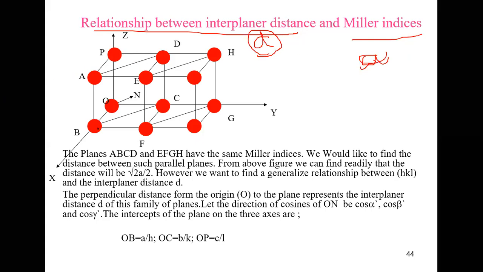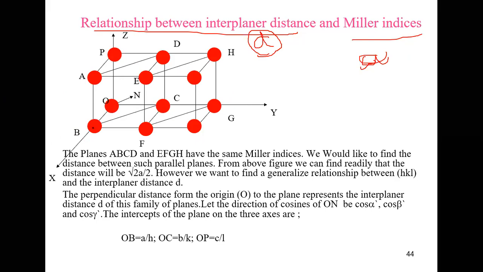Okay. We draw two unit cells over here, and we draw the ABCD plane and also the EFGH plane. The ABCD crystal plane and EFGH crystal plane are parallel planes. And we know the Miller indices of this plane.